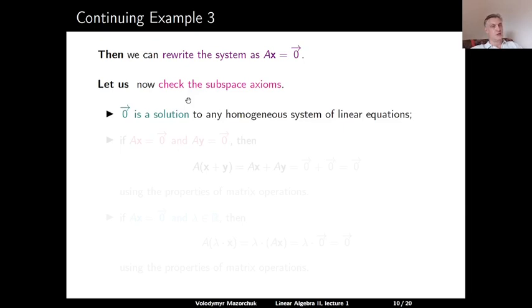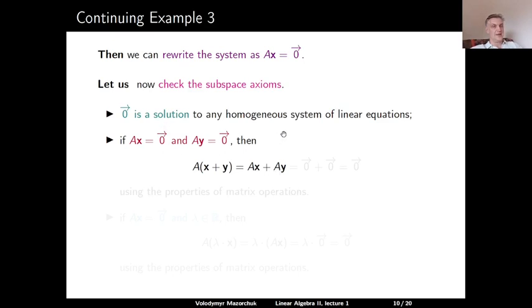Of course, 0 is a solution to any homogeneous system of linear equations, so this axiom is satisfied. If you have two solutions x and y, in other words, if Ax is equal to 0 and Ay is equal to 0, then applying A to their sum x plus y and using the properties of matrix operations, so we have distributivity between addition of matrices and multiplication of matrices, we can write this as Ax plus Ay.